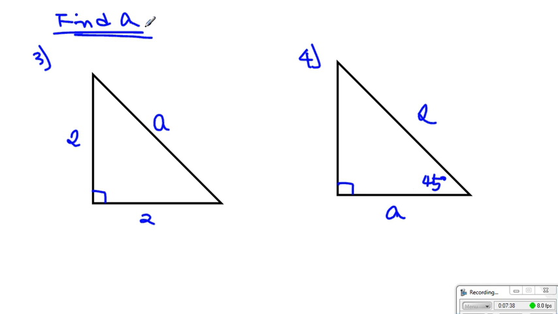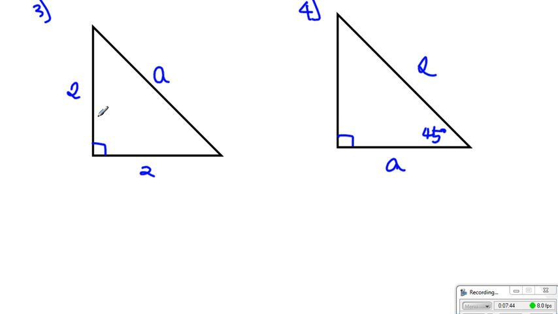Alright, then, when you look into number 3, you will realize that this triangle should remind you of the ratio, because two sides are equal to each other. The ratio was x, x, x radical 2. Then notice, in place of x, what do we have?